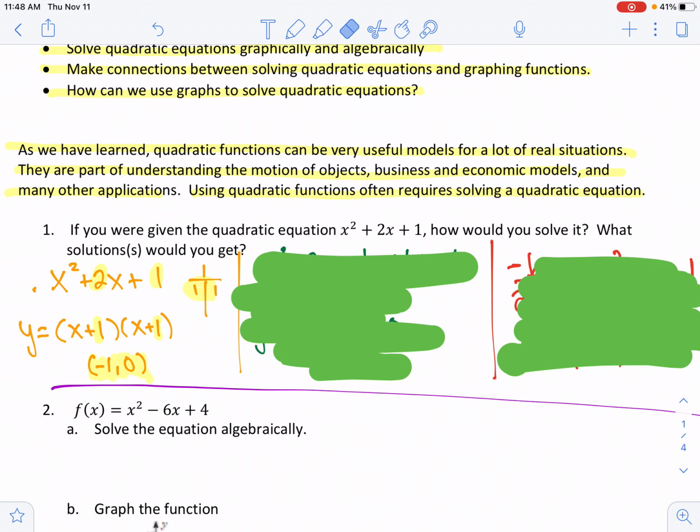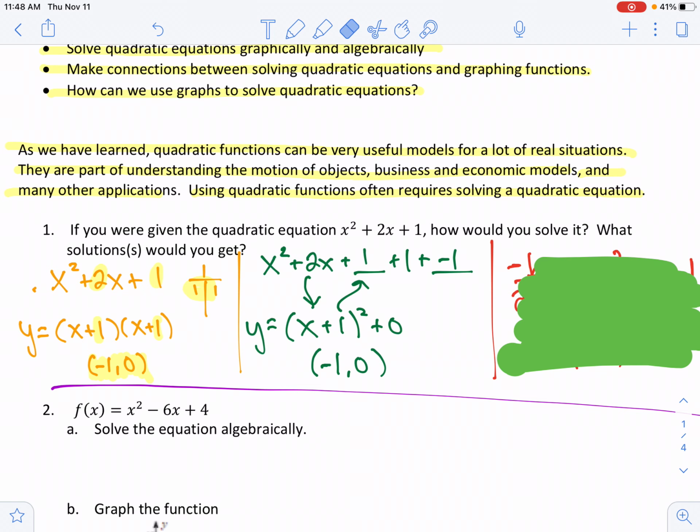You could complete the square and turn it into vertex form, where you do half the middle number and square it. And whatever you add on this side, you subtract on this side. And then in vertex form, you would see your vertex is -1, 0, which also means it's an x-intercept because the y is 0.